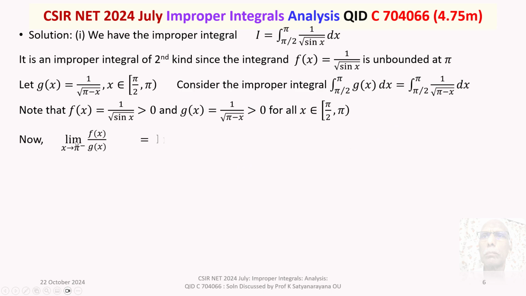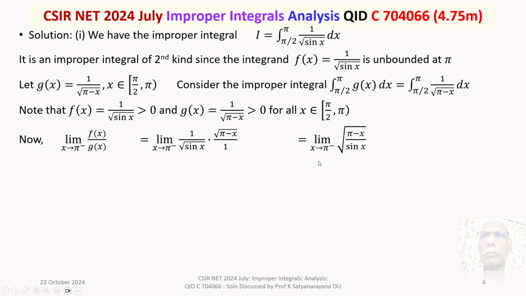Now we are testing the limit comparison. Limit as x tends to pi minus, that means it is the left limit, of f of x by g of x. Limit as x tends to pi from the left, f of x is 1 by root of sin x, and 1 by g of x is root of pi minus x by 1.